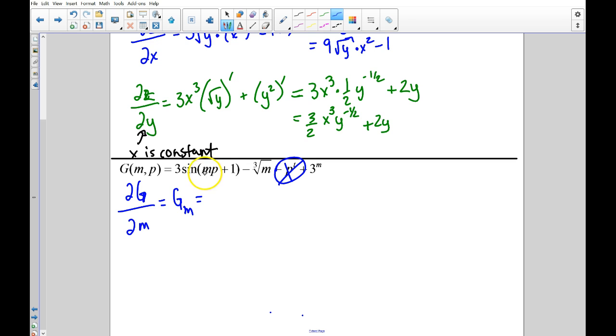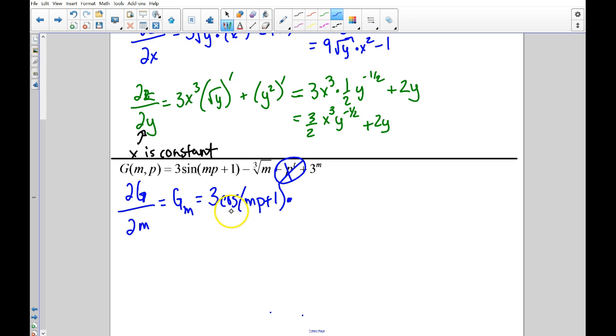Okay, so now here, this one is actually going to be a chain rule. So the first one, 3, derivative of sine is cosine. Rewrite the inside part, mp plus 1, times the derivative of the inner.